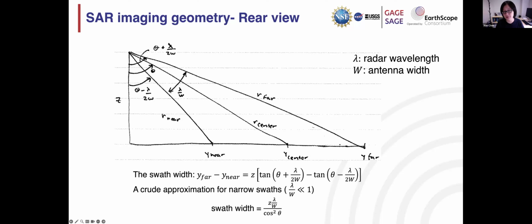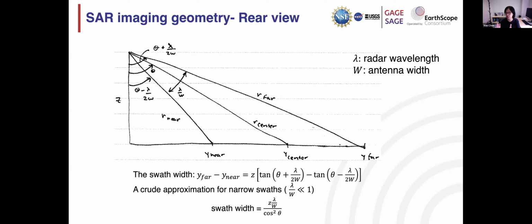How wide this swath is going to be is really lambda divided by W, where lambda is the radar wavelength and W is the physical width of the antenna. So you can actually calculate how wide the swath is, and that's actually the center of this lecture, with different imaging modes.